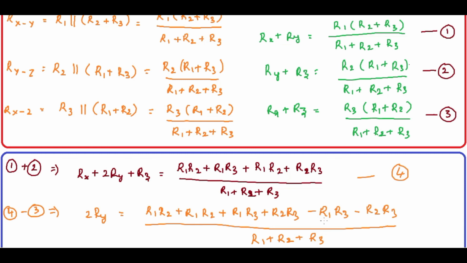R1 R3 will get cancelled with R1 R3, similarly R2 R3 will get cancelled with R2 R3.